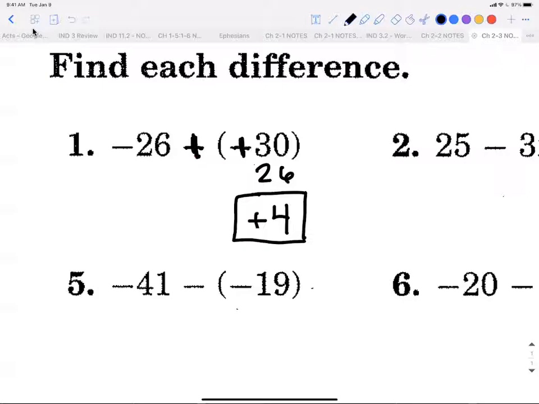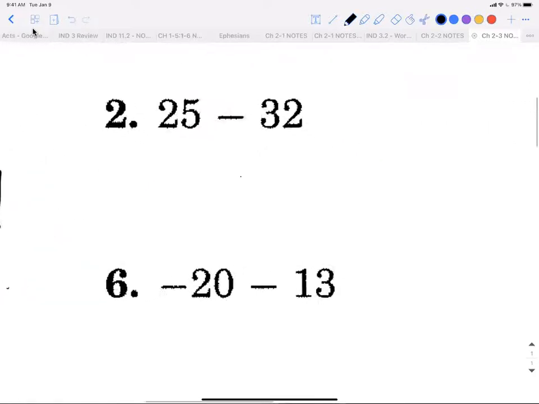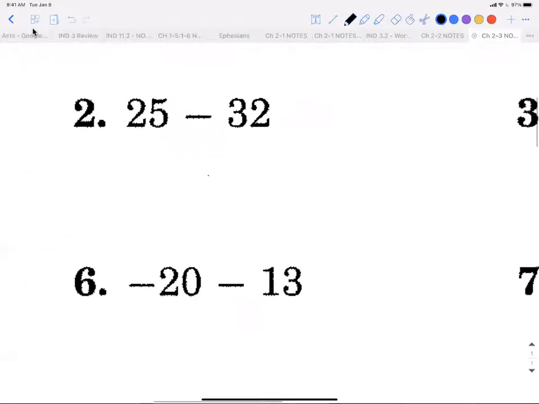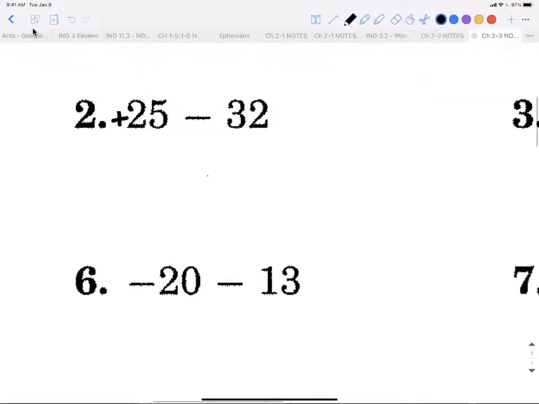If you have two negatives, negative, negative makes a positive. Now this one, I will show you two different ways to do it. I think there is an easier way, and then a little bit more confusing way, but everybody's brain works a little different, and I don't care which way you do it. If you can recognize that 25 is positive and that negative sign makes the 32 negative, if you have 25 minus 32, do the signs match?